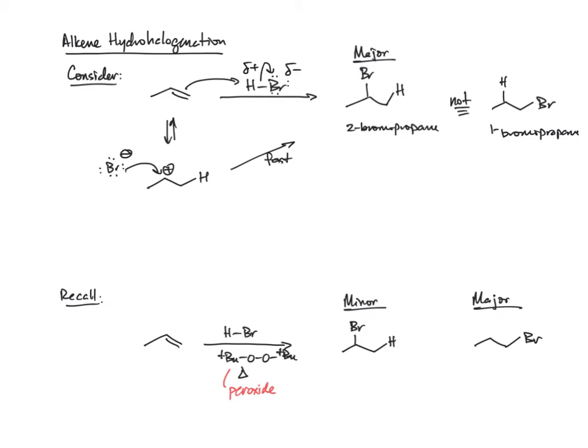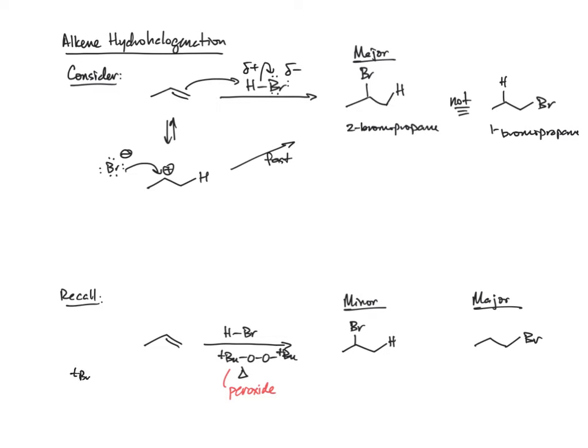So what happens in this case? These conditions generate a bromine radical. The radical then adds to the alkene to give the more stabilized radical. Let me just, as a review, show you what happens here, so you can understand why these two are different.